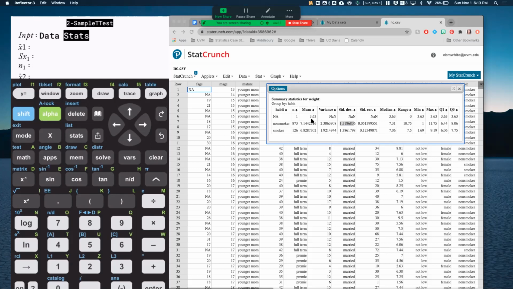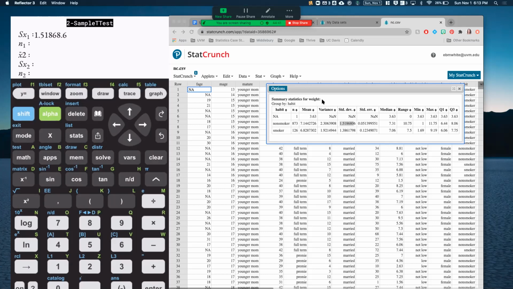Okay. So for x1 bar, we're going to have the first group be the non-smokers. So the mean for that group was 7.1442726. Good. The standard deviation from that group is 1.5186806.